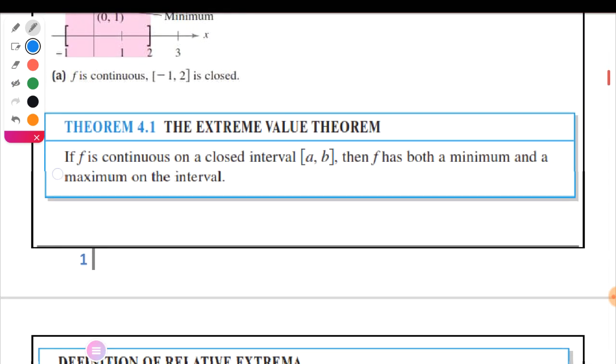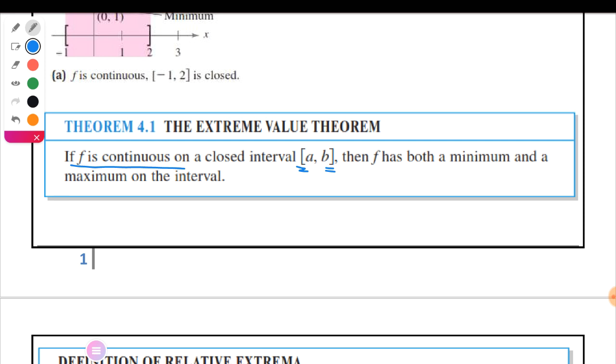Now here is the theorem. We have to understand the meaning of this theorem. The extreme value theorem: if f is continuous, look, the definition is very important. Function f is continuous. Look here, continuous. It must be continuous on a closed interval, not an open interval.